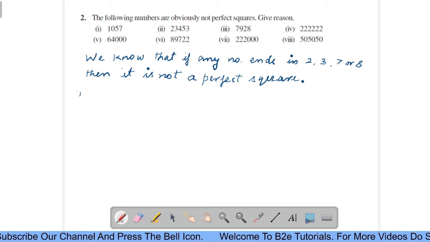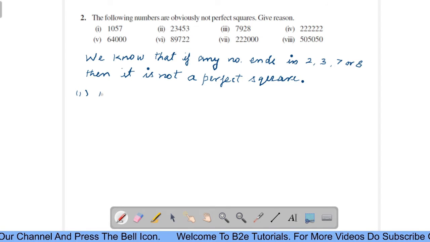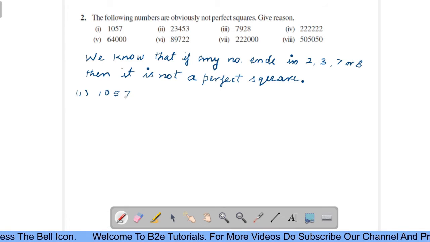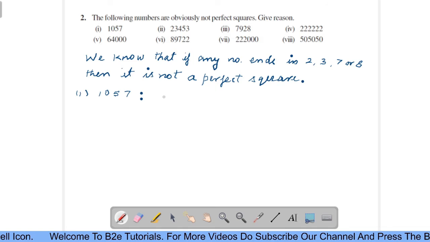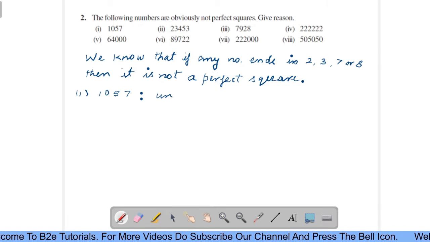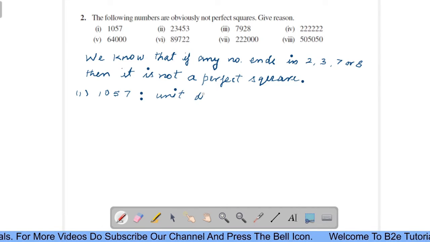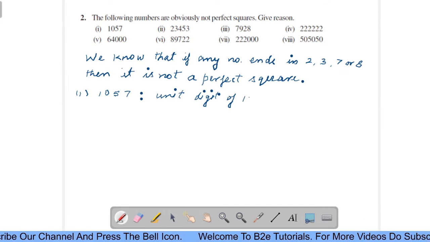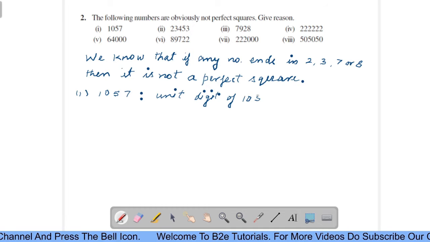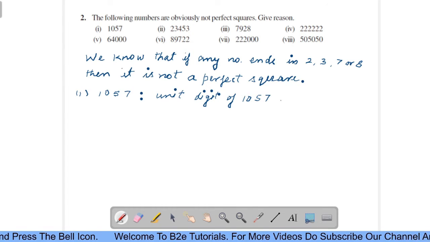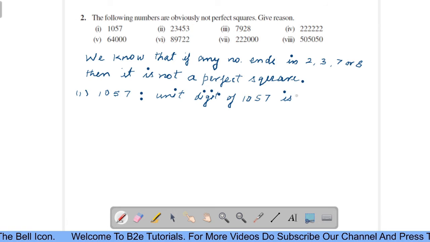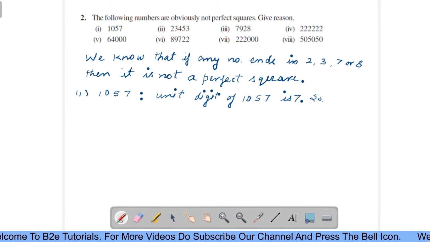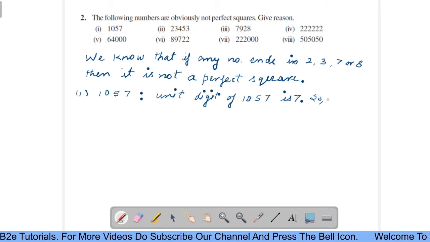See first part, it is 1057. Here the unit digit of 1057 is 7, so it is not a perfect square.